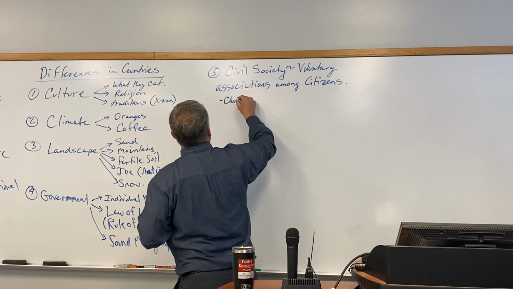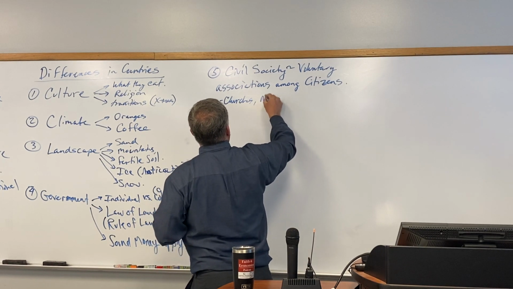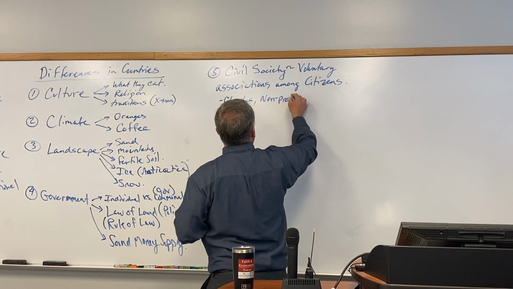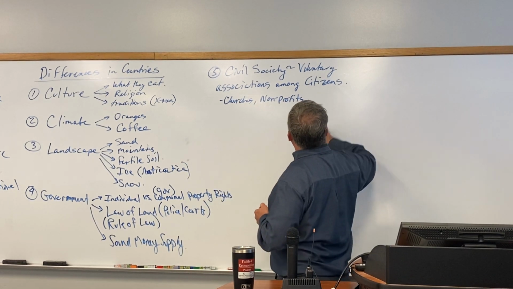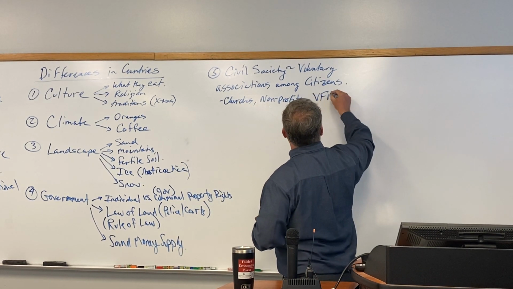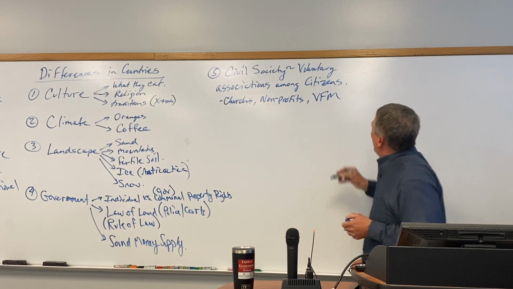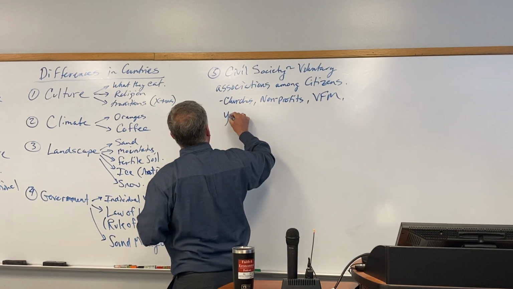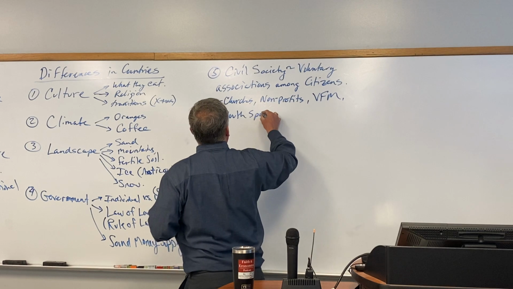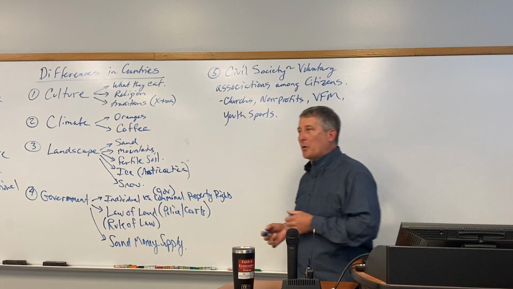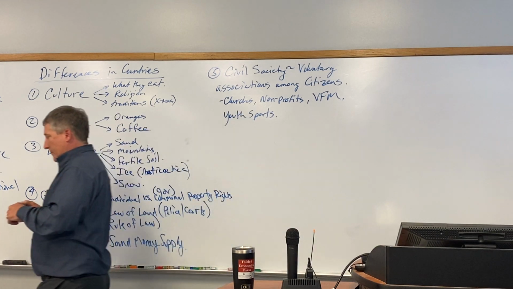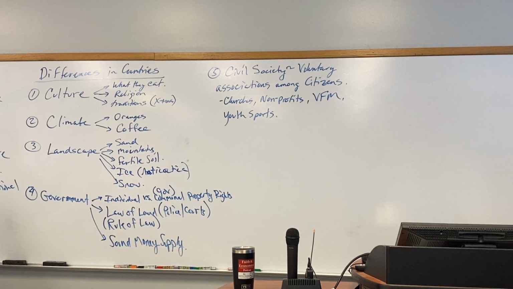So this could be churches, nonprofits, you know, the VFW, youth sports. You know, do we have lots of opportunities for youth to join the soccer program? All kinds of stuff kind of falls into that.